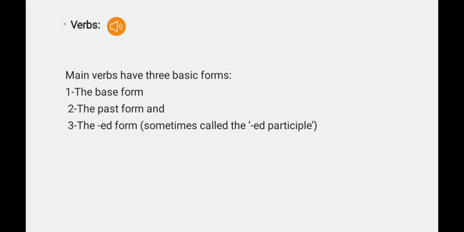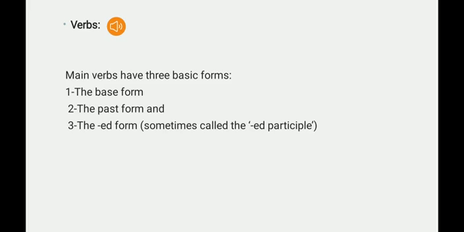Before we get into the detail of the main forms of verb, let me briefly give you the first statement of the three forms. Main verbs have three basic forms. The first form is the base form, where the verb starts with the base.